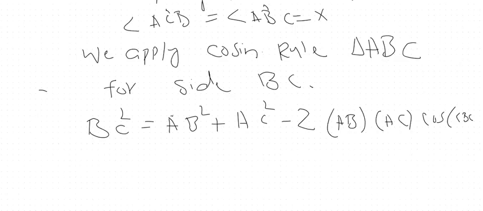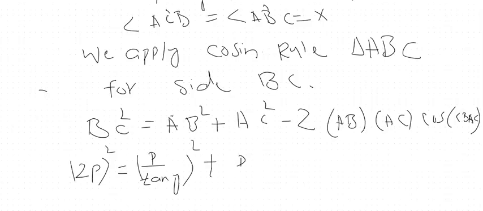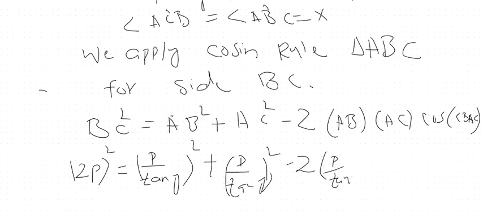We get (2P) squared equals (P by tan y) squared plus (P by tan y) squared minus 2 into AB, putting the value of AB, which is P by tan y, and P by tan y, times cos of 180 minus 2x, which gives minus cos 2x.